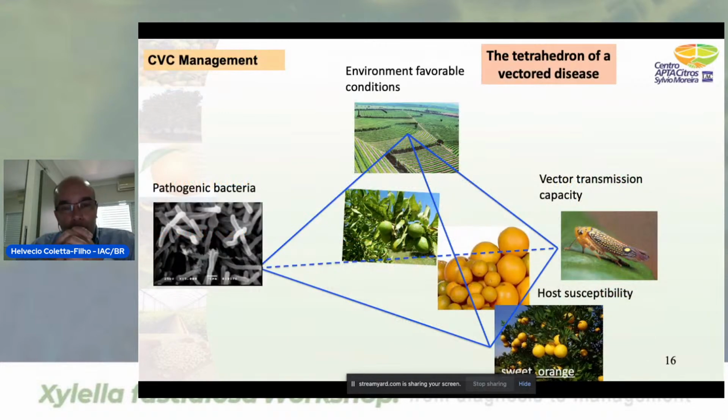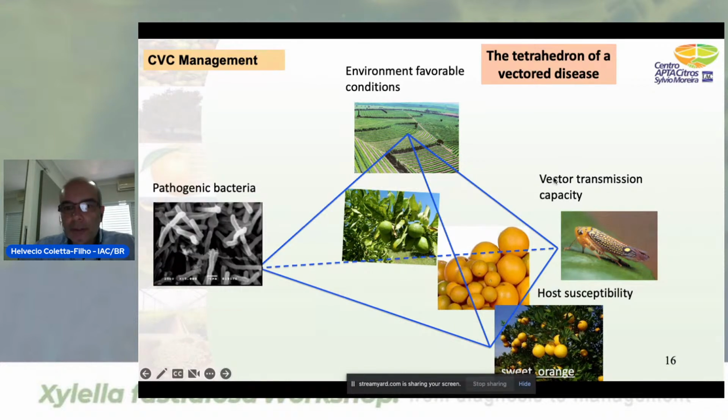So based on this information, here is what we call the tetrahedron of the disease. You have the bacterium, the pathogenicity or the virulence of the bacterium. The host, where you see that all sweet orange varieties are susceptible hosts.